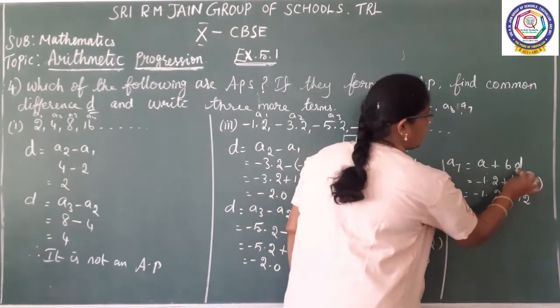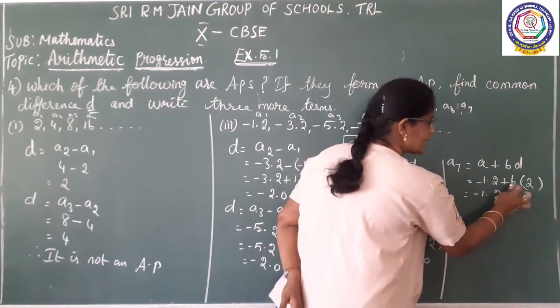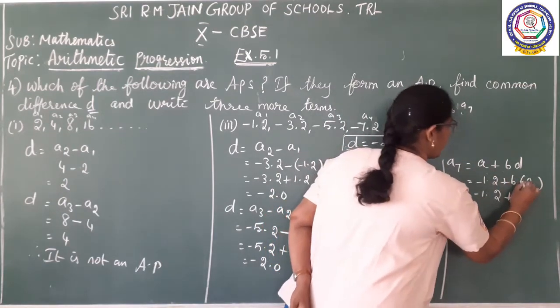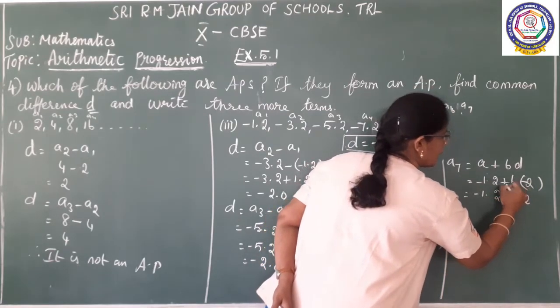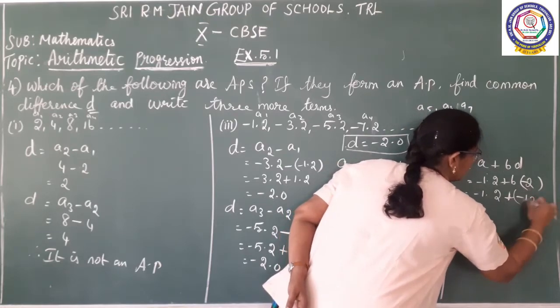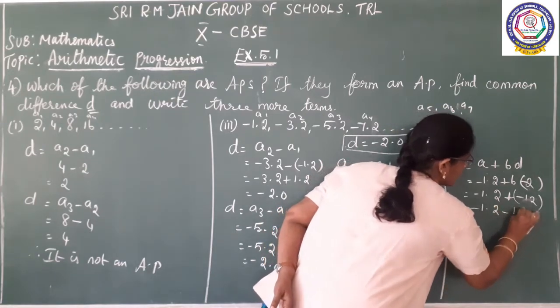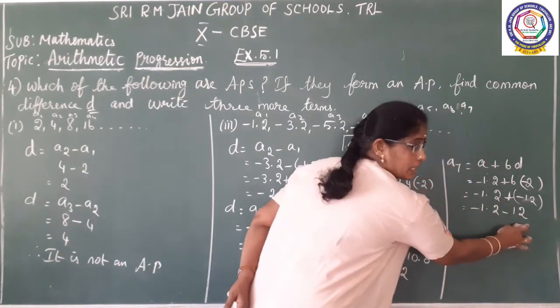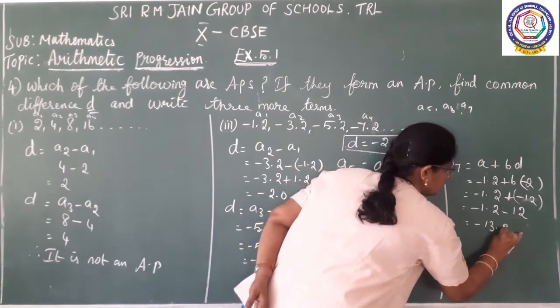A7 is equal to A plus 6D. What is A given? Minus 1.2 plus 6 into, what is D given? Minus 2. So here minus 1.2 plus into minus 12. So now you have minus 1.2 minus 12. Now if both signs are equal, you can add. So minus 13.2.